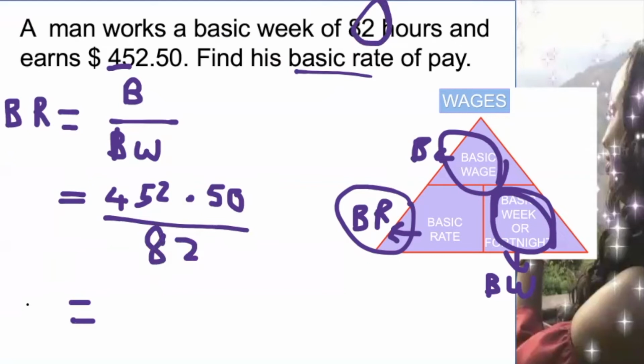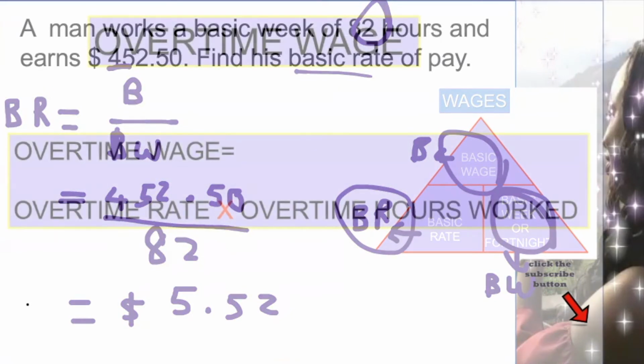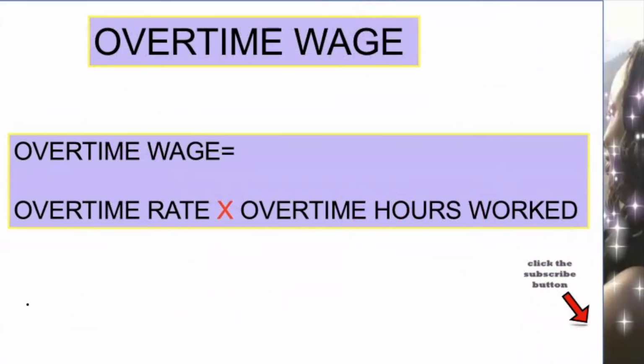So you have $452.50 divided by 82. So that means you are making $5.52 per hour in order to earn $452.50 for the week.